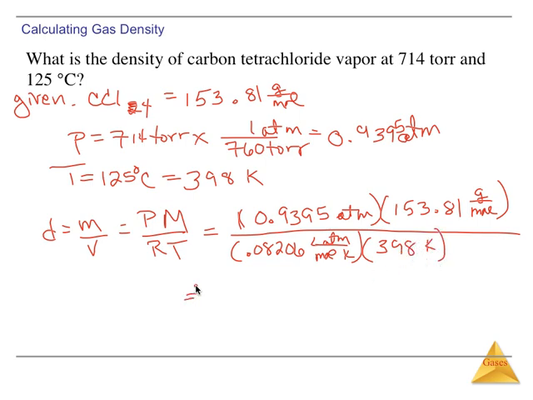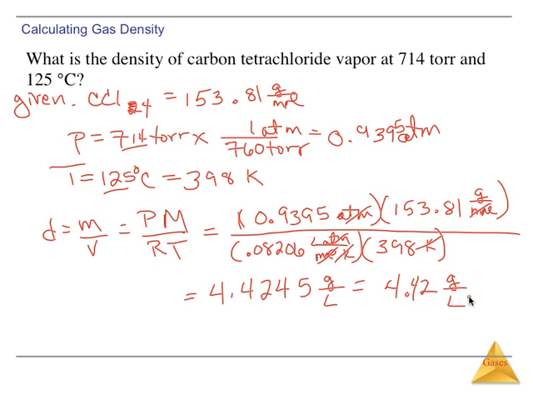Putting that in my calculator, I get the density as 4.4245. Atmospheres cancel, Kelvin cancels, moles cancel, so I'm left with grams over liters. Looking at significant figures, I had 3, 3, 5, so I should report this as 4.42 grams per liter for that gas.